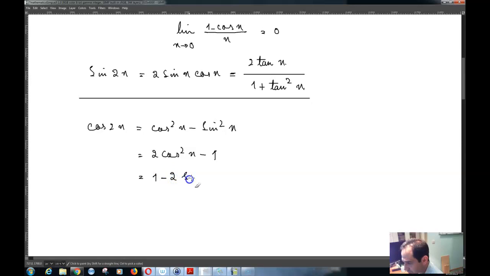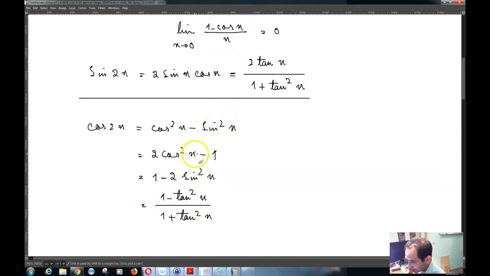It is also equal to 1 minus tan squared x over 1 plus tan squared x. So that is cos of 2x: cos squared x minus sine squared x, 2 cos squared x minus 1, 1 minus 2 sine squared x, and this thing over here as well.